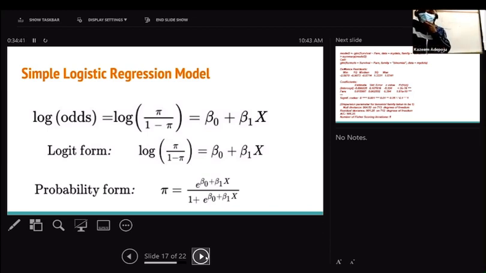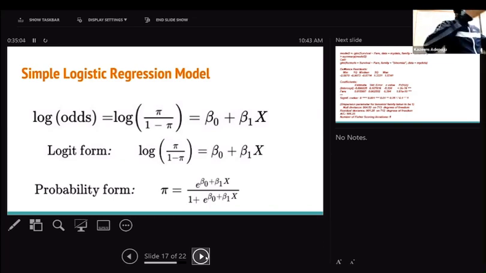And what are we going to transform? We're basically going to transform what caused the problem, the reason why we cannot use this model for a categorical outcome. Therefore, what we need to transform is the response variable.